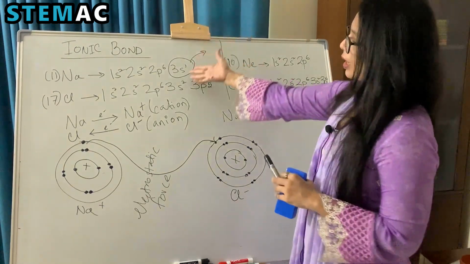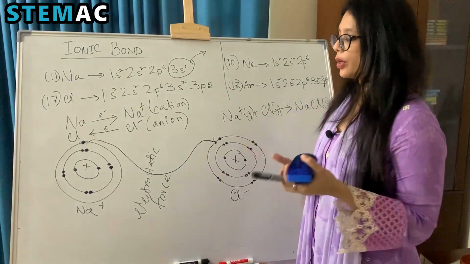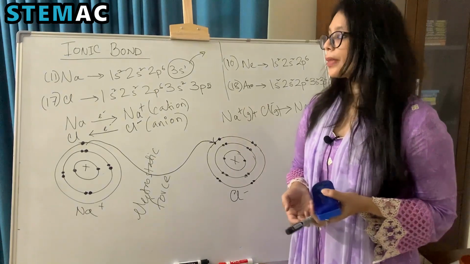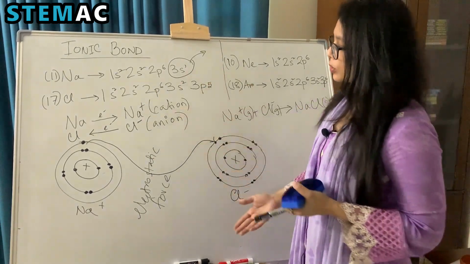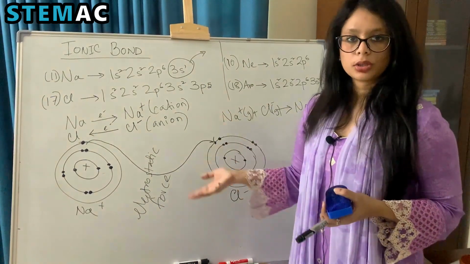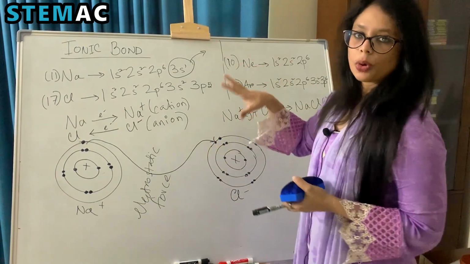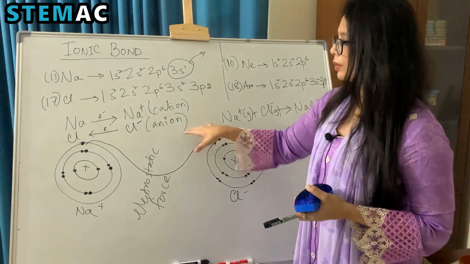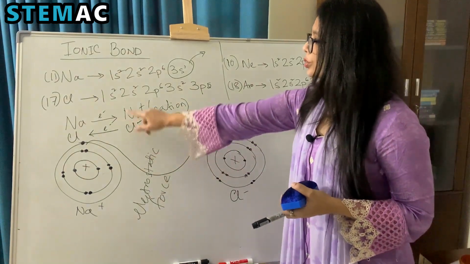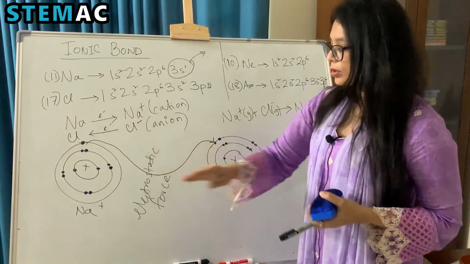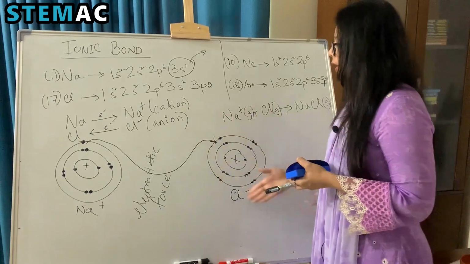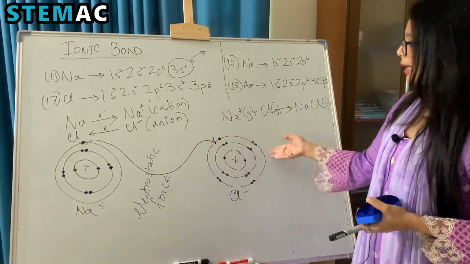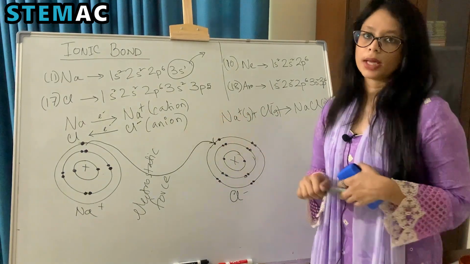Here, just to get a summary of all the things I've been saying: the atoms want to get the stable configuration, the octet configuration, like the noble or inert gases. In achieving the configuration, they would lose or donate an electron and become a positive ion, and the other party would become a negative ion by accepting the electron.